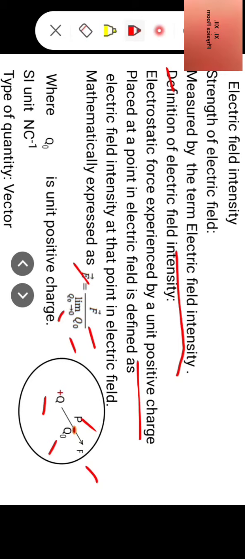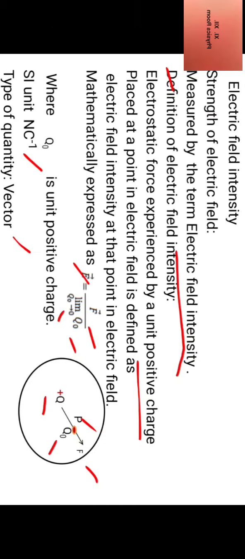Now what is the SI unit of electric field intensity? The SI unit is newtons per coulomb, because it is F divided by Q, therefore it is newtons per coulomb. Now the type of quantity: it is a vector quantity, because F is a vector quantity and Q naught is a scalar quantity. Any vector divided by a scalar is a vector quantity.